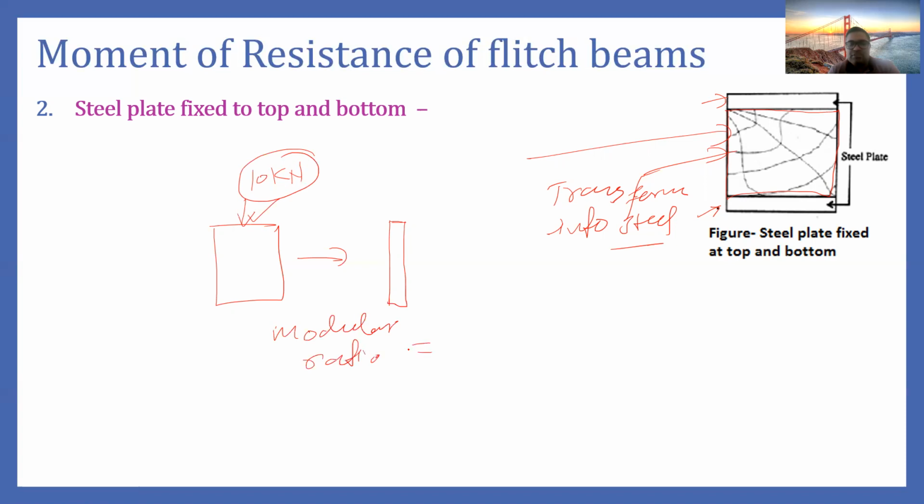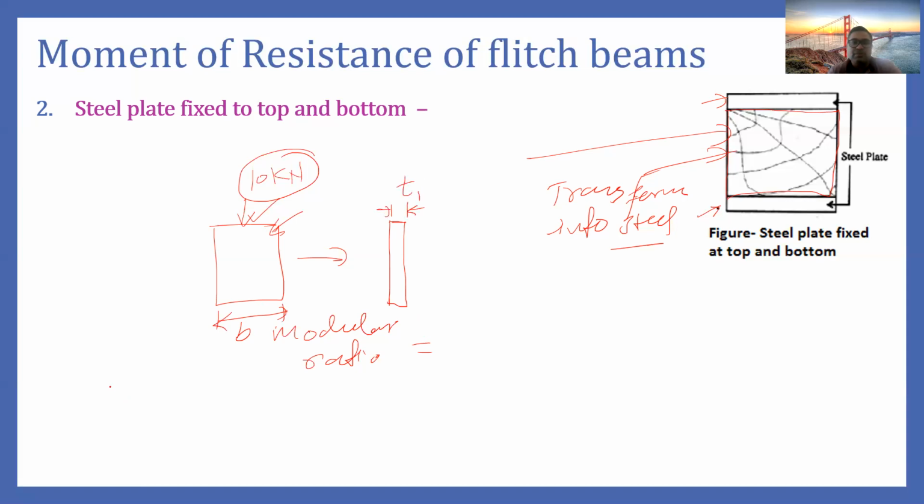And modular ratio is based on the Young's modulus of elasticity, or in other words, modular ratio is basically the ratio of stiffness of the material. So in this case, for example, if this is the timber section and it has this width, say B, we will be required to find out the thickness.